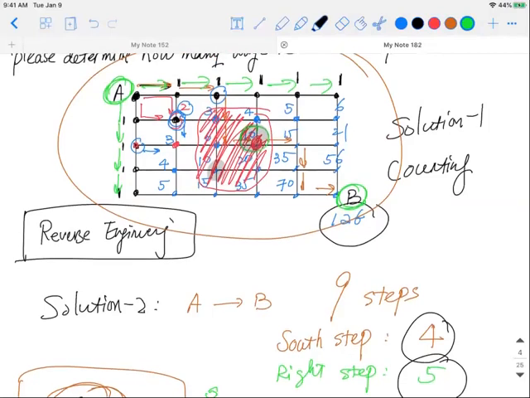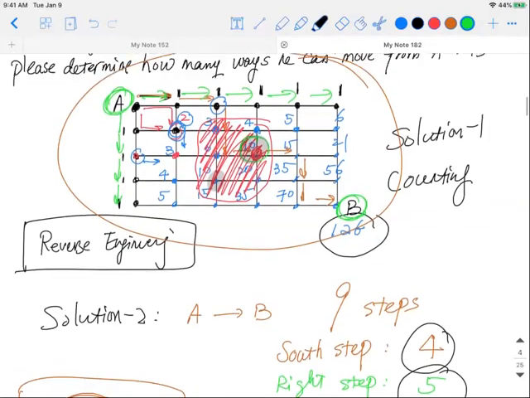The only thing that has been changed is that previously there were 10 different ways to get to this point. However, at this moment, there's no way to get to this point. Is it right? So previously at this point, I have a value 10, but for now, this 10 has to be changed into 0.